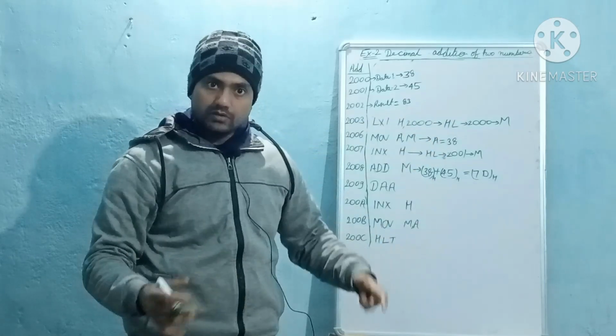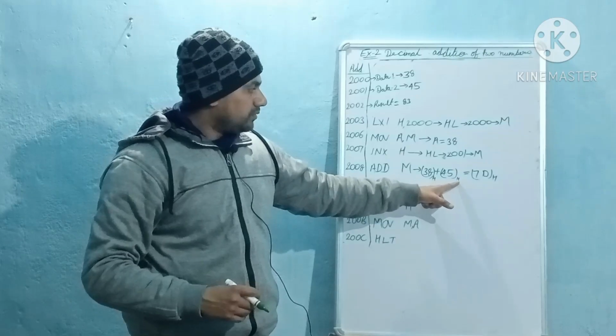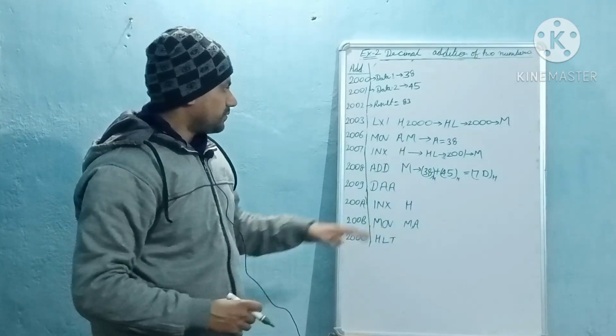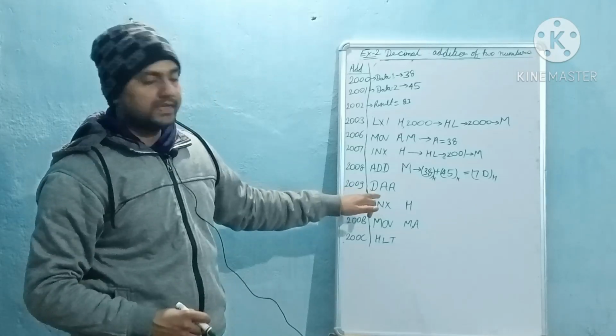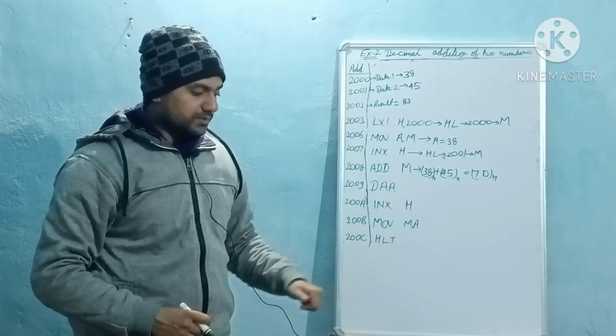The processing goes on in hexadecimal only, but the corresponding value we have to get in decimal. For that we use the DAA instruction, that is, decimal adjust accumulator.